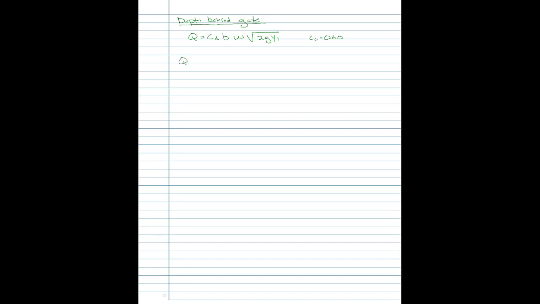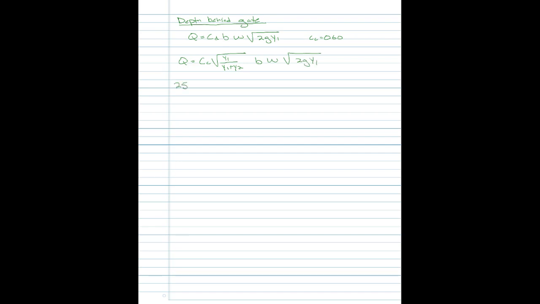Then the flow rate is going to be the coefficient of contraction times the square root of y1 plus y2, b w square root of 2g y1.